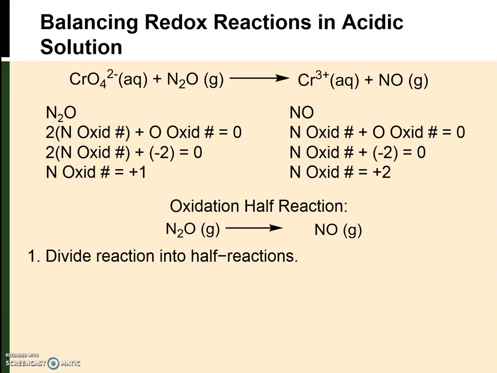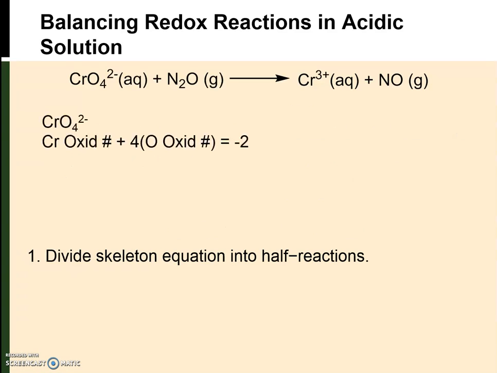So we can assume that the other half reaction involves chromate and chromium 3+, and that it's a reduction, but let's confirm this by determining the oxidation numbers of all of the atoms in the relevant species. If we start by looking at chromate, the chromate oxidation number plus the oxidation number of all of the oxygen atoms has to be equal to -2, because chromate has a 2- charge.